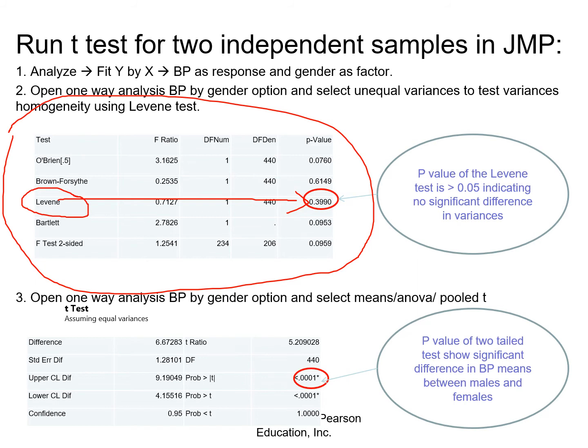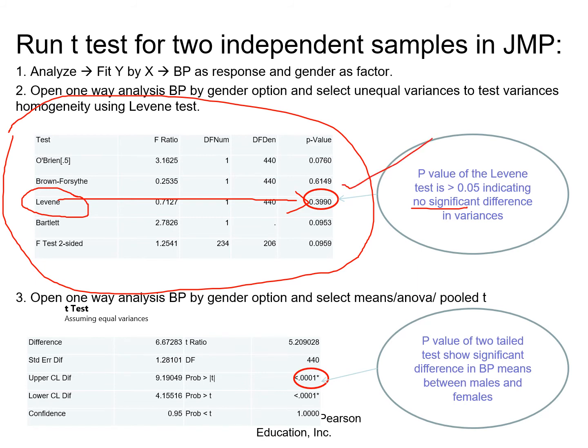So the p-value of Levene's test is greater than 0.05, indicating no significant difference in variation. If the p-value is less than 0.05, this is an indication of significant difference in variation, which is against the assumption of homogeneity of variance. Now we have checked homogeneity of variance.